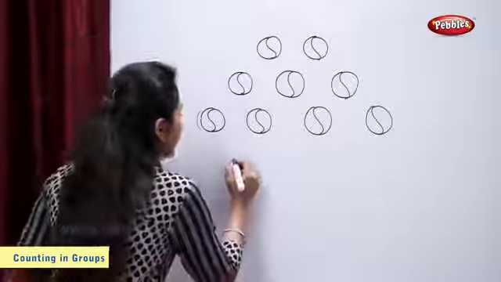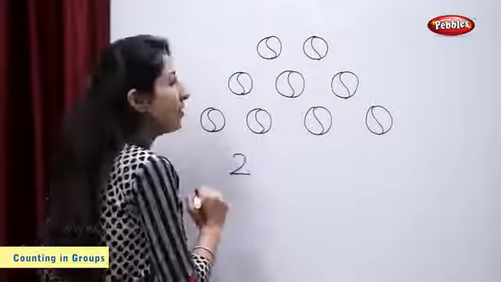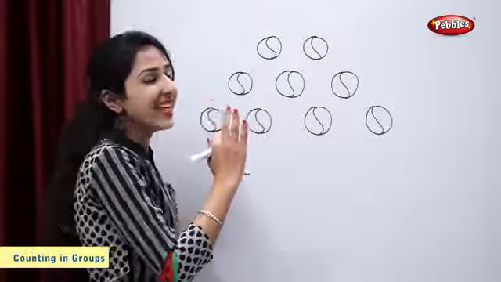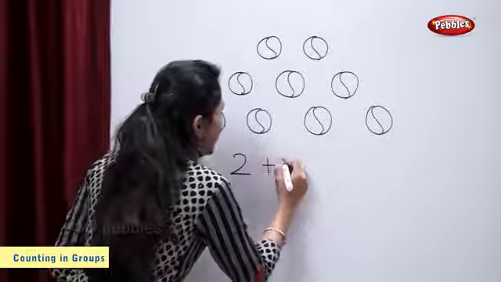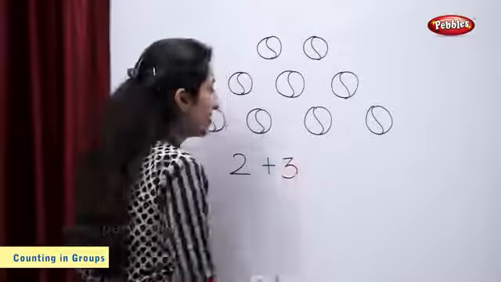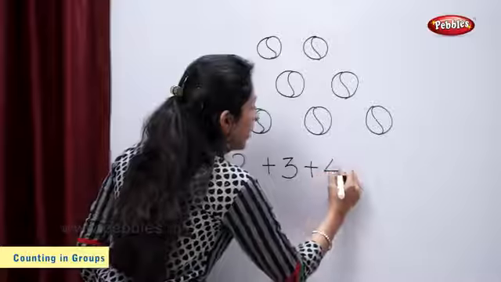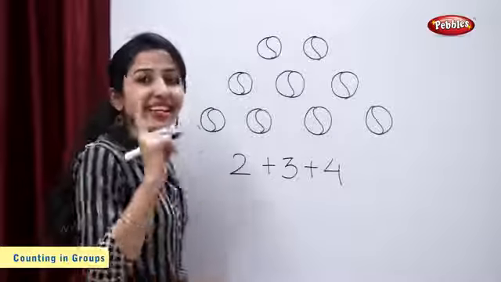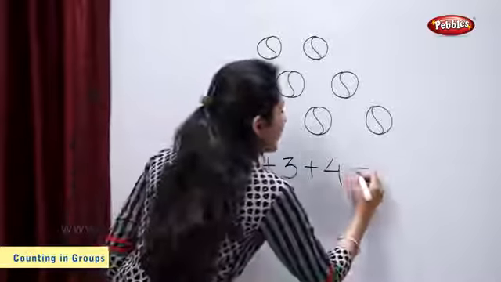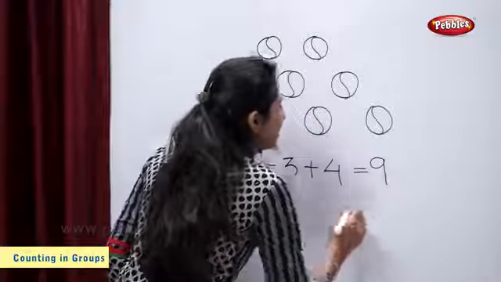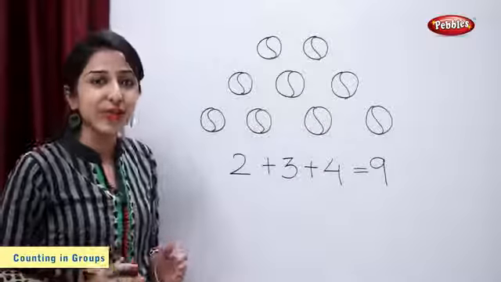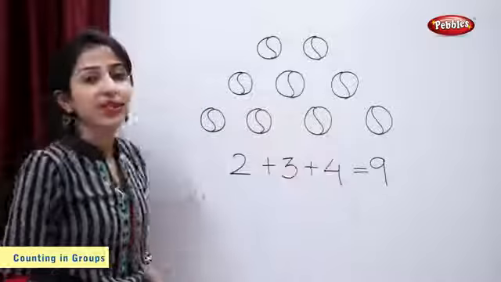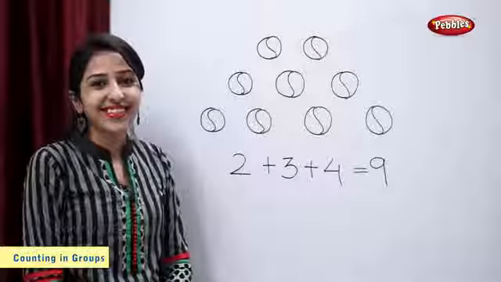So, 2 plus 3 plus 4 is equal to 9. So, there are total 9 balls.